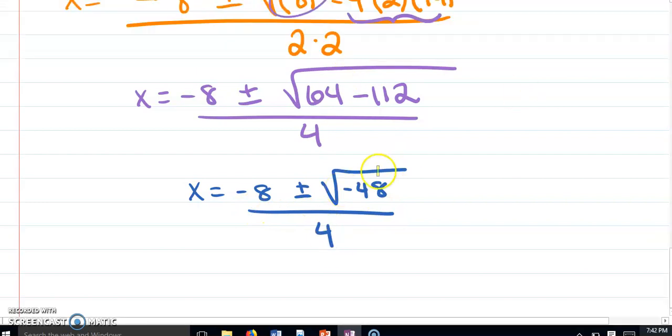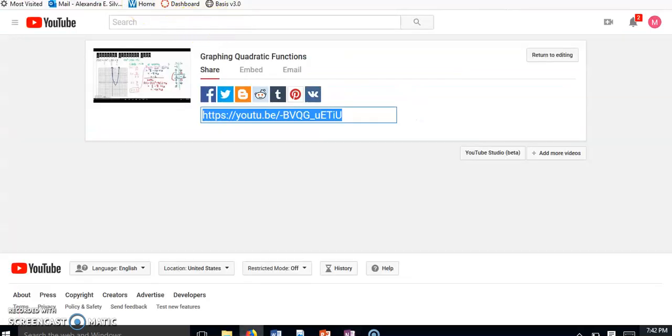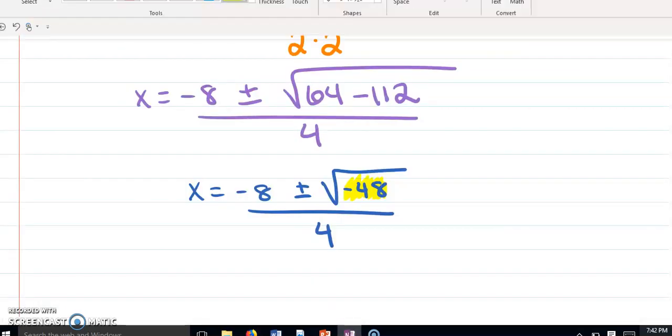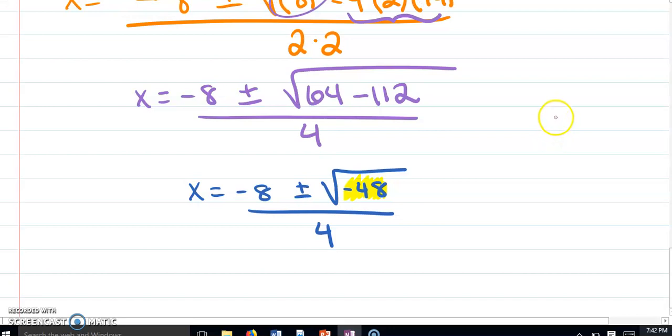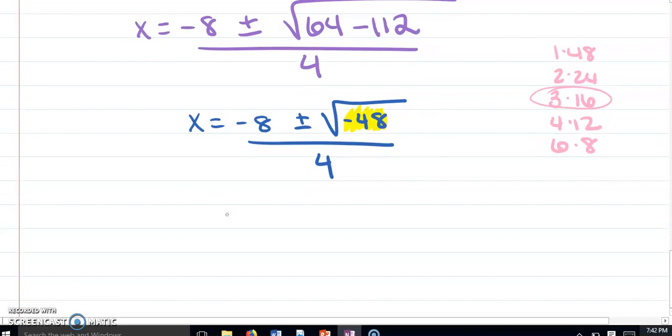Either way, even though you're getting an imaginary solution, you'll need to break down 48 into 1 and 48, 2 and 24, 3 and 16, 4 and 12, 5 doesn't work, 6 and 8, 7 doesn't work, and 8 we already have. So 3 and 16, 16 is the largest perfect square.